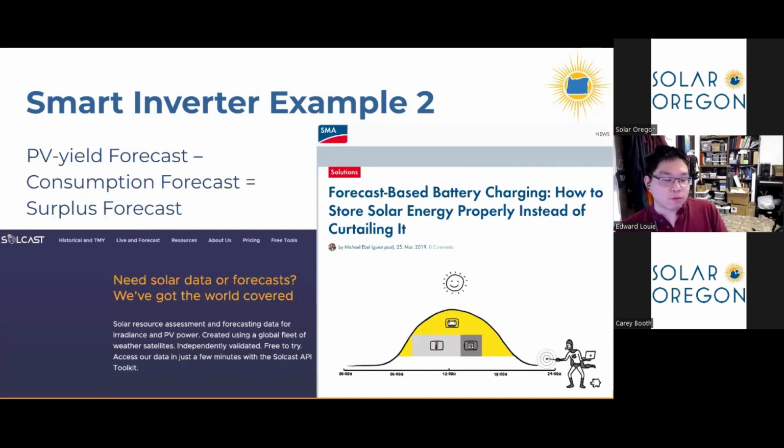They can also make decisions on whether to sell the excess generation to the grid, or to really charge up the battery fully, because it's able to predict that tomorrow it's going to be super cloudy. And so then you actually want to charge your battery all the way up, versus making the decision to sell as much of the energy to the grid as possible, because tomorrow is going to be extremely sunny.